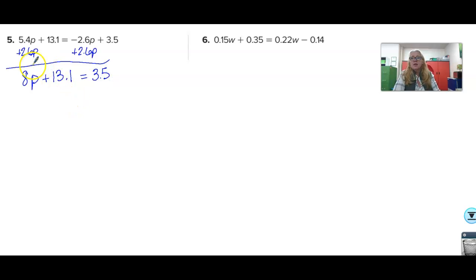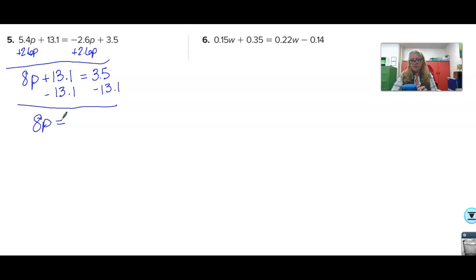Okay. Here's the variable term, so we want to get rid of the plus 13.1. We do that by subtracting 13.1 from both sides. Gives me 8p. Now I am going to use the calculator here.